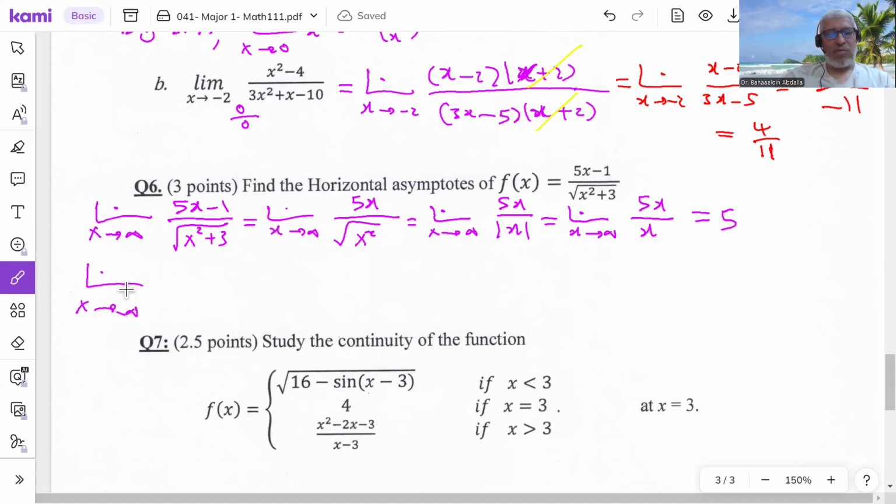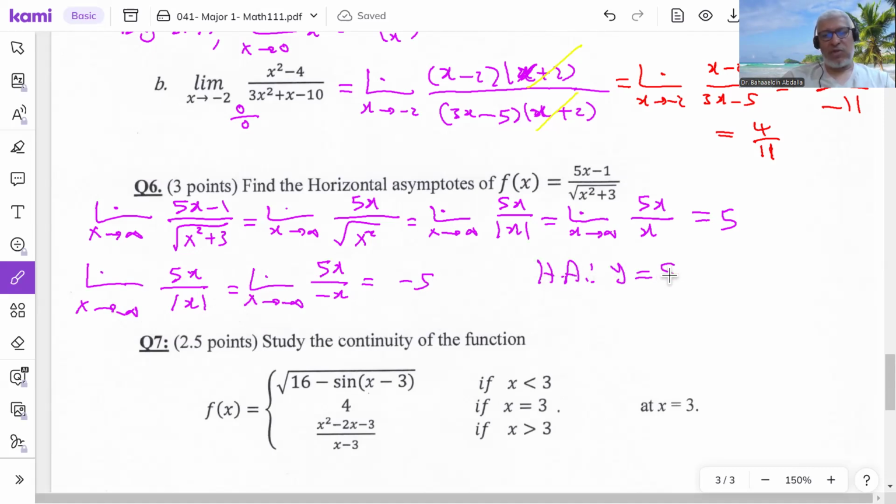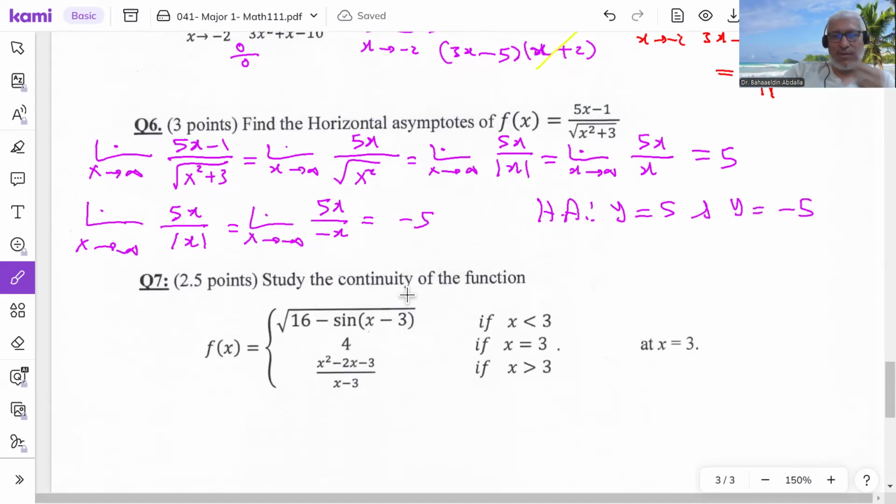Now the limit when x approaches negative infinity is the same, 5x over the absolute value of x, but here x goes to negative infinity, so the absolute value of x is equal to -x. x cancels with x and the limit is -5. So the equations of the horizontal asymptotes are y equals 5 and y equals -5.